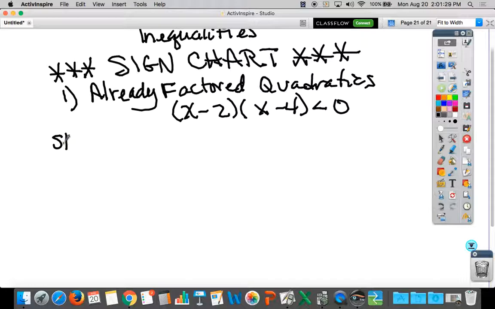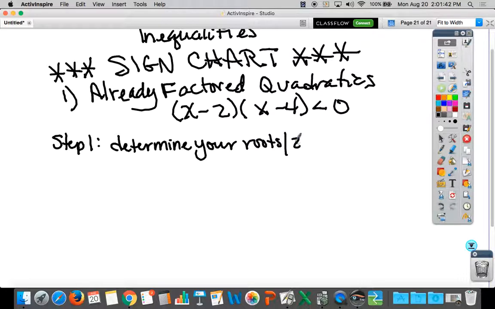Okay, so step one is you want to determine or solve for your roots or zeros.